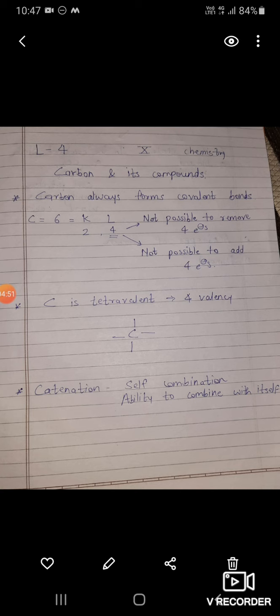Since one carbon atom requires 4 electrons to achieve the 8 electron inert gas structure, therefore the valency of carbon is 4. That is, carbon is tetravalent. The four valencies of carbon are usually represented by putting four short lines on the symbol of carbon.